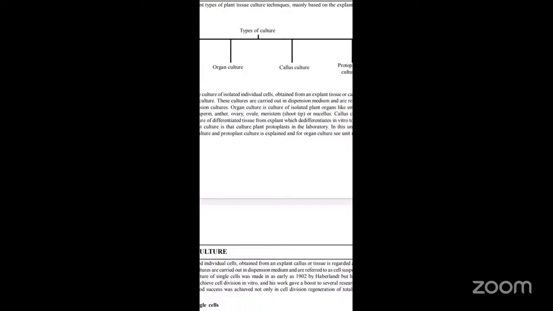Repeated subculturing of callus on agar medium improves the friability of callus, so that free cell suspensions are obtained. The plant leaves with a homogeneous population of cells are an ideal source for the cell culture. Cells are isolated through the mechanical method or enzymatic method.